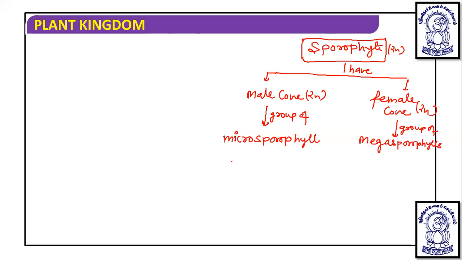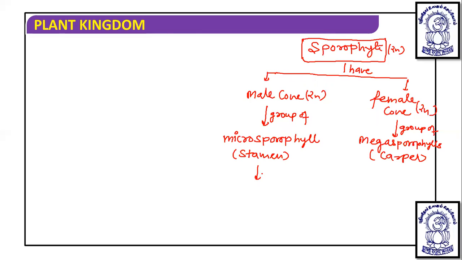Microsporophyll is similar to the stamen, and megasporophyll is similar to the carpel of angiosperms.